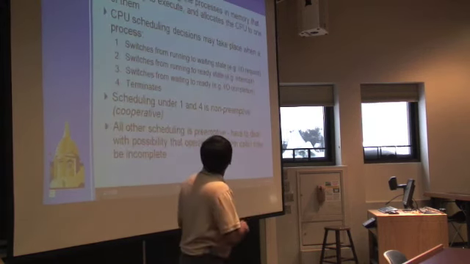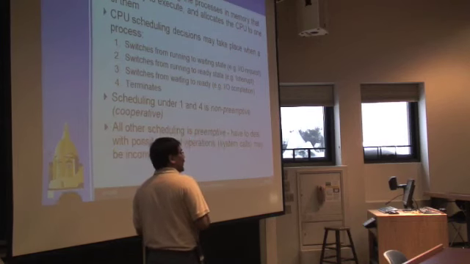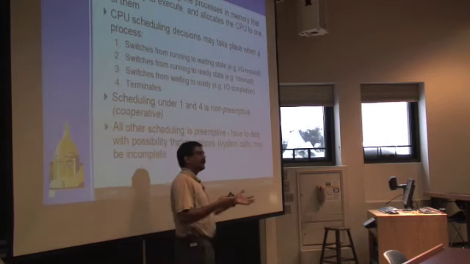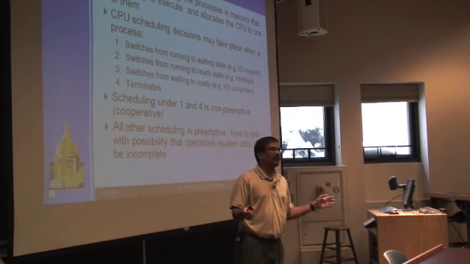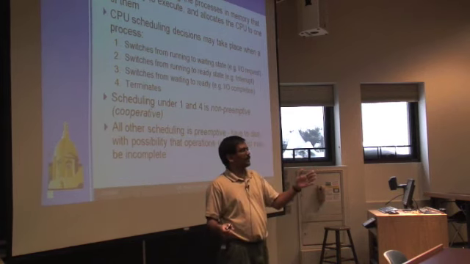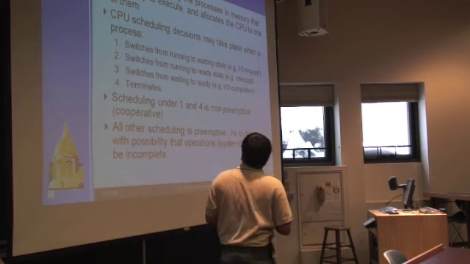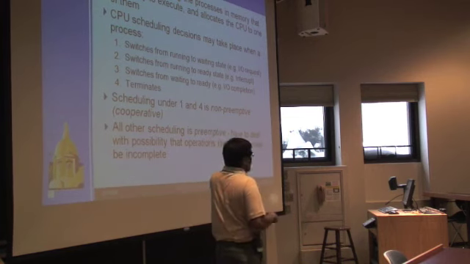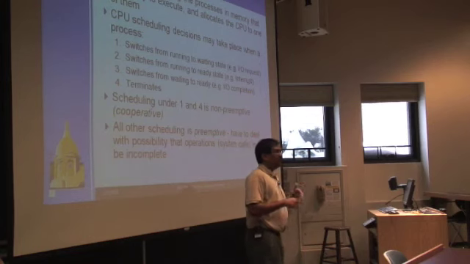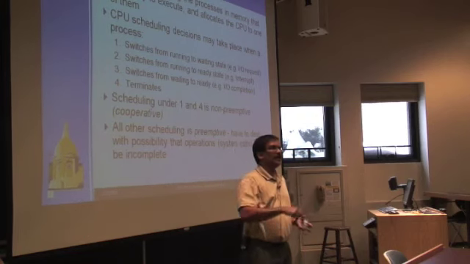So essentially at this point, the CPU scheduler has to figure out which process to run from the ready queue. You expect there are multiple processes on the ready queue, and I have to choose one of them to run. I can choose somebody to run while the process is in any of the states.